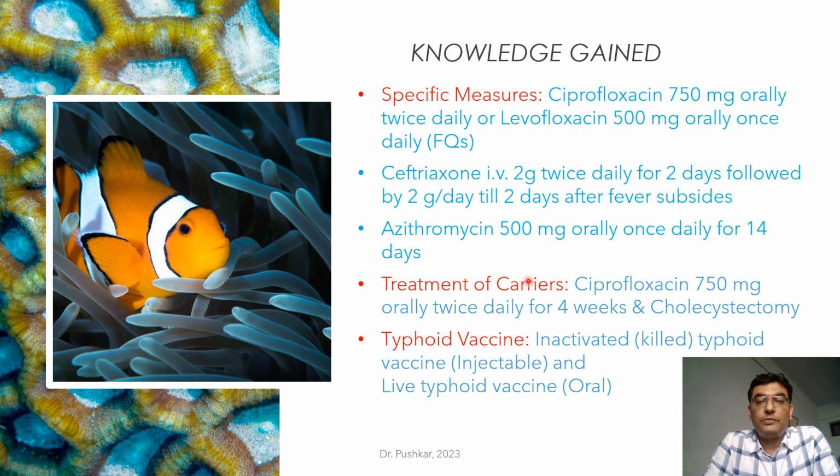For the treatment of carriers, we use ciprofloxacin for 4 weeks. And there are the typhoid vaccines, such as the inactivated or killed typhoid vaccine, which is injectable, and the live typhoid vaccine, which is the oral vaccine.